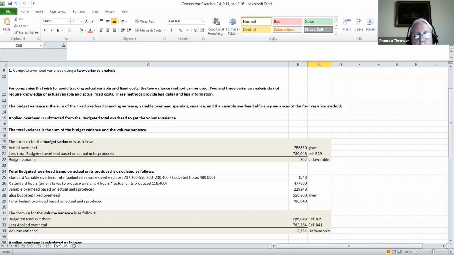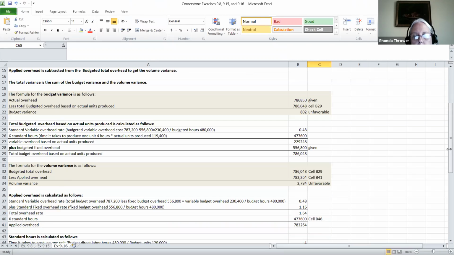We're going to take the budgeted total overhead, which we just found in cell address B29, just brought that down, and you're going to compare that to the applied amount of overhead. And the applied amount of overhead is determined using these calculations.